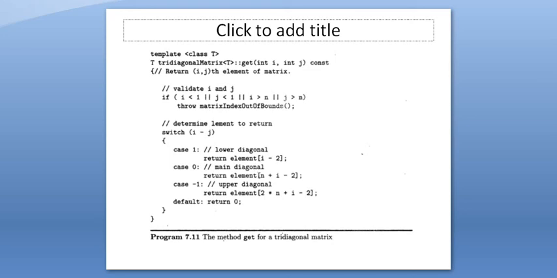What will be its equivalent position in the element array? We will look at it. Now i is equal to 3 and j is equal to 2. So you come here. i minus j becomes 1. Case 1 will be executed.